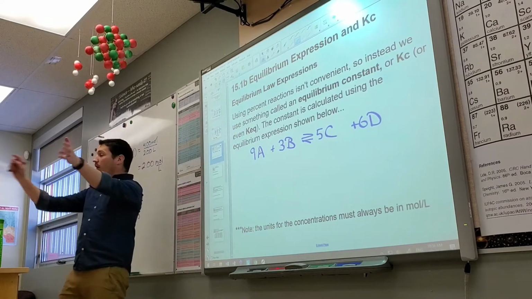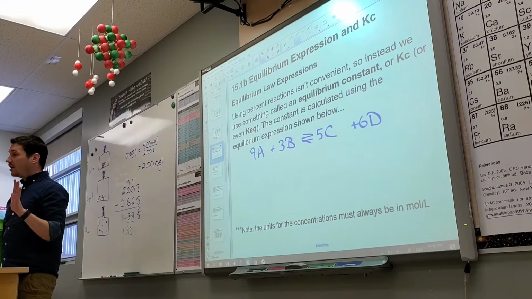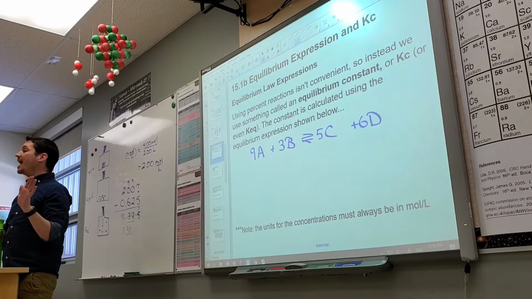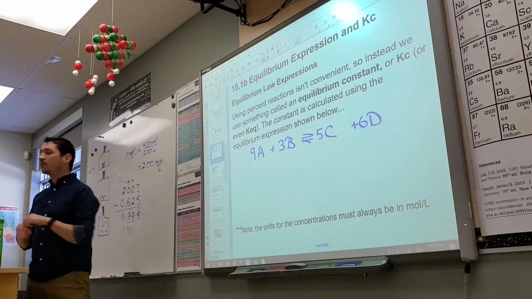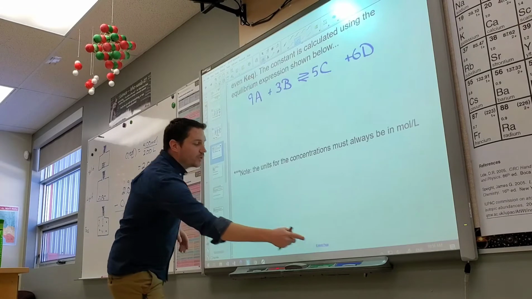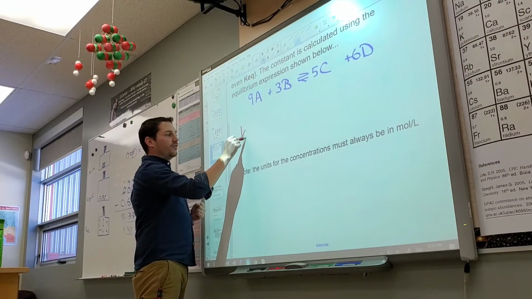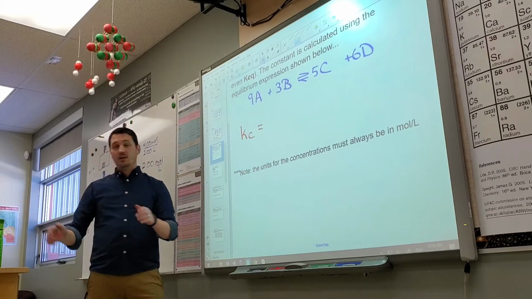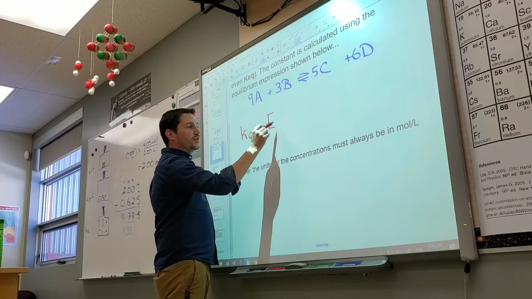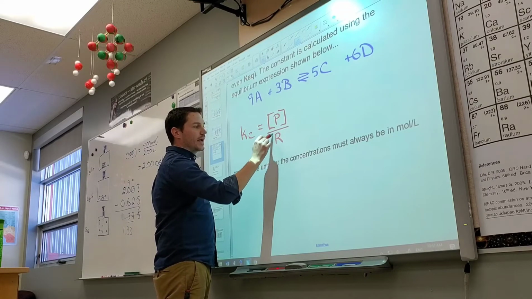And I want to be very clear. The concentrations of all of these chemicals at equilibrium, not initially, but once equilibrium is established, are all related based on the following principle. Kc, in general, you can think about it as products over reactants.